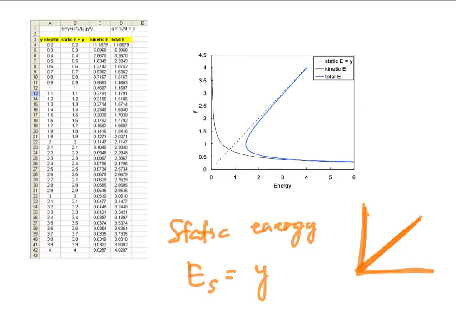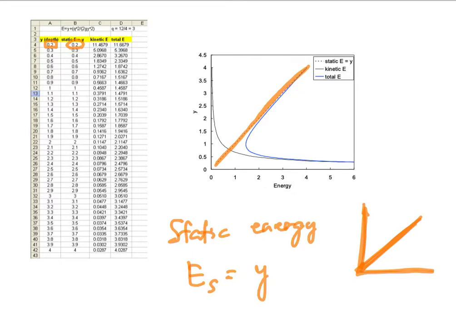In Excel, if you plot this energy, you will see that if y is equal to 0.2, the static energy is equal to 0.2. So if you plot this in Excel, you will get the line shown here. So this is the line of static energy.